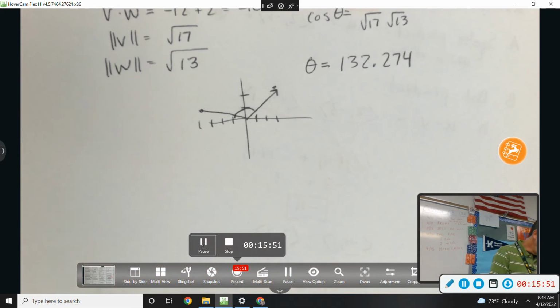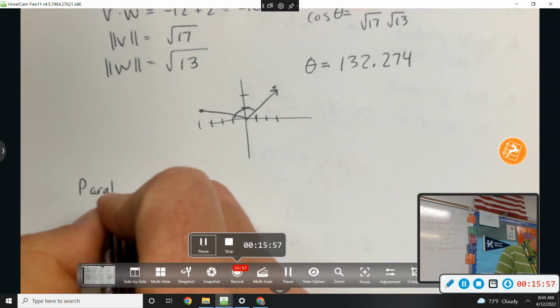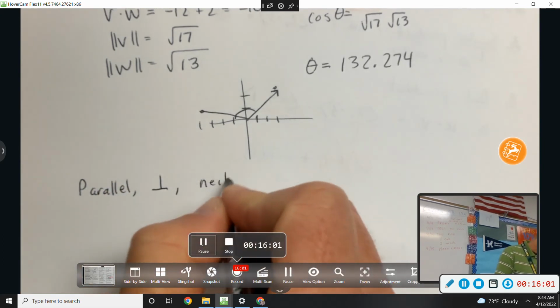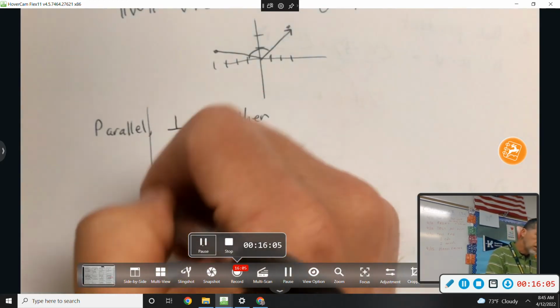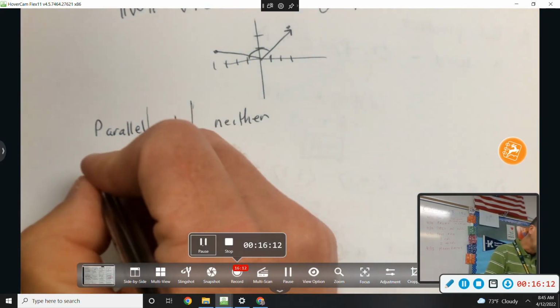All right, there's one last set of questions that we sometimes ask, and that is parallel, perpendicular, or neither. Are two vectors parallel, perpendicular, or neither? Well, if two vectors are parallel, what do you think the angle between them is?